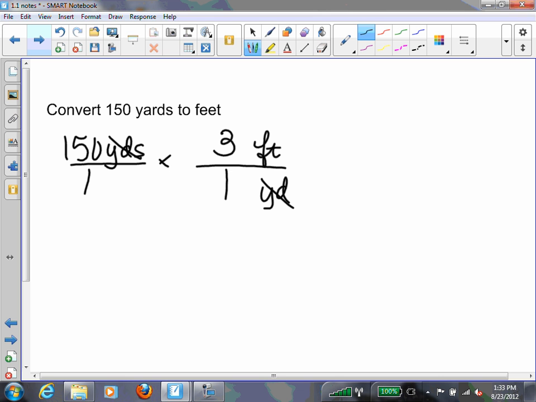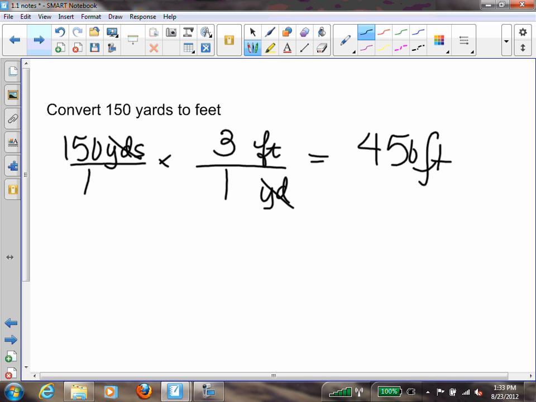What am I doing with the 150 and the 3? Am I going to multiply those values or divide those values? I'm going to what? Multiply, right? Because they're both on the numerator, right? Numerator times numerator, denominator times denominator. So 450 feet. This is about the process, not can you do it. I'm sure you can do that in your head, but I want to see the process of canceling out your units.